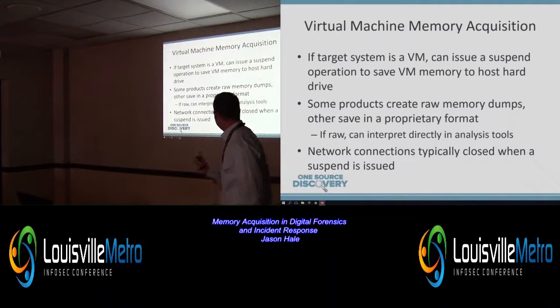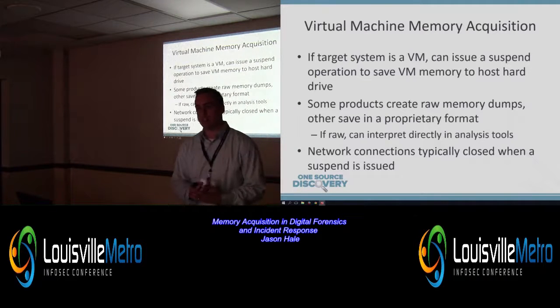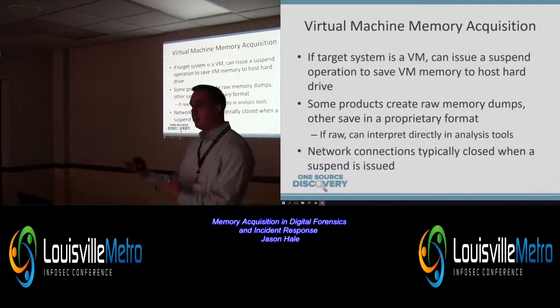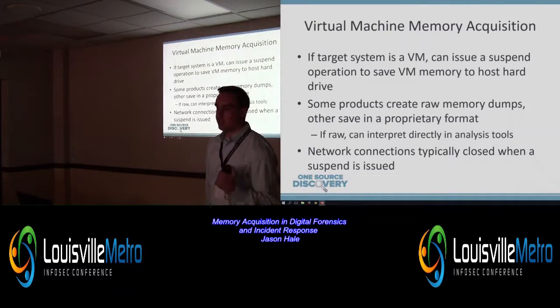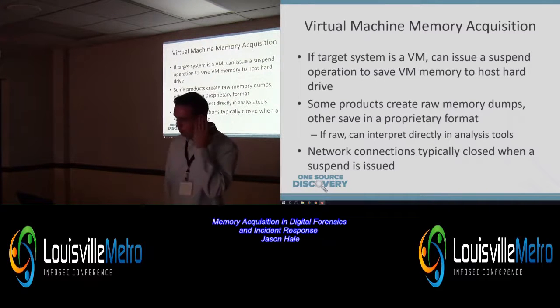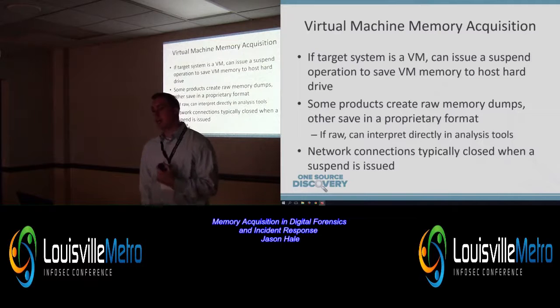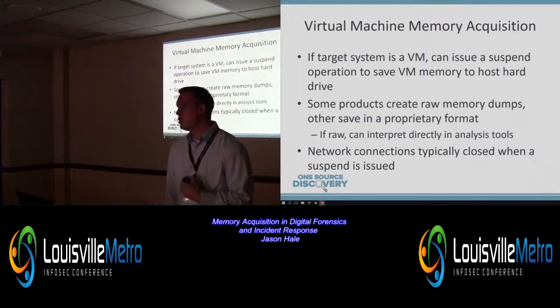Some products will create raw memory dumps, some save in a proprietary format. So if you're using VirtualBox, it's a little bit different format than VMware, for example. But the point is you can issue these common commands to save out a memory dump without having to run a separate tool. The problem here is that in some cases, the network connections or other portions may be left out.